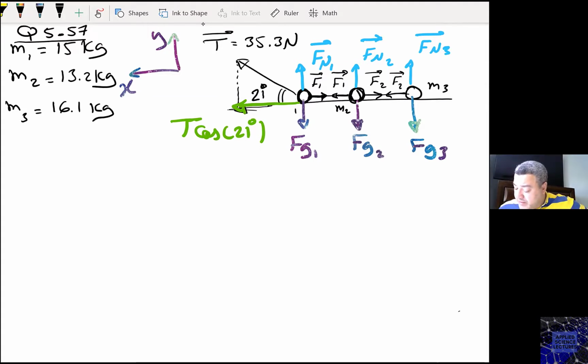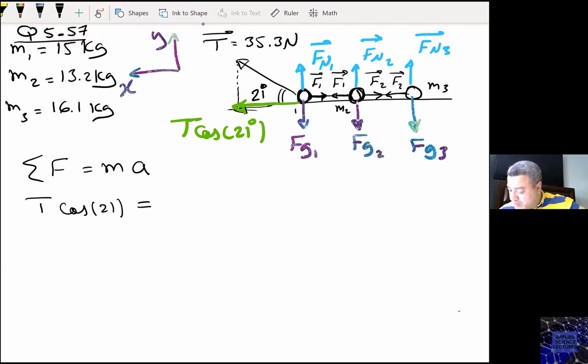So if I am to write sigma F equals ma, where a is the acceleration, then for the whole system, I have T cosine 21 equals m1 plus m2 plus m3 times a.